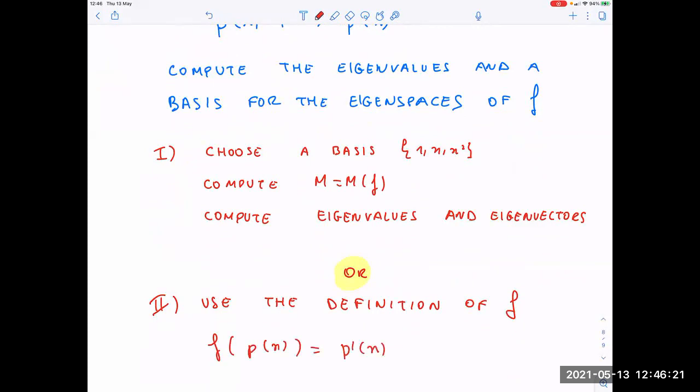So for example, for sure, 0 is an eigenvalue because there are polynomials having derivative 0, and they are the constant polynomials, right? So this, for example, tells me that lambda 1 equals 0 is an eigenvalue.